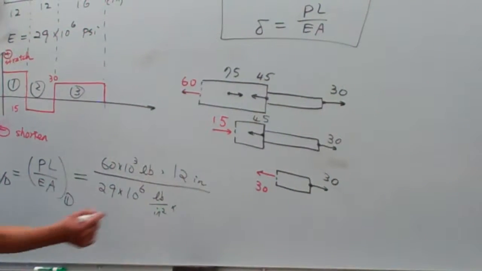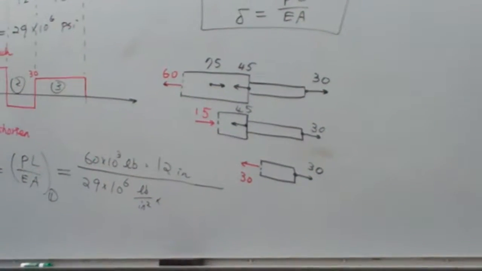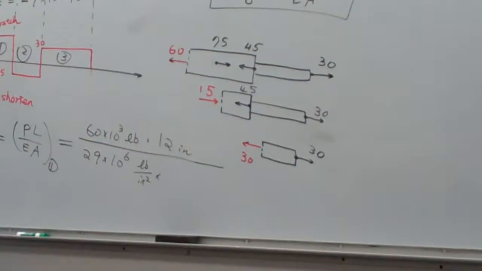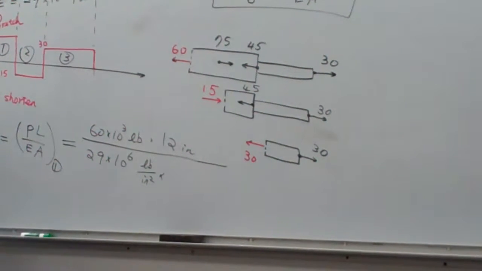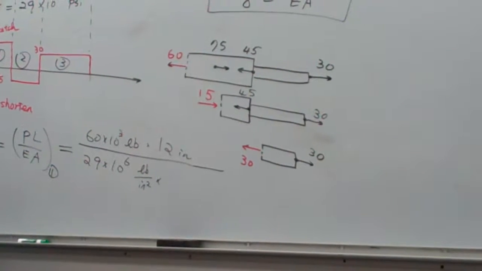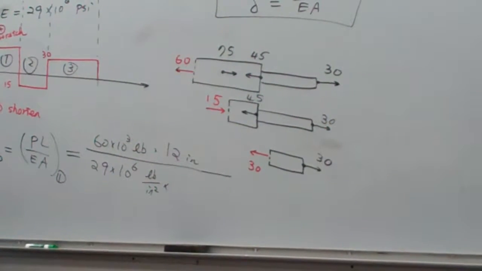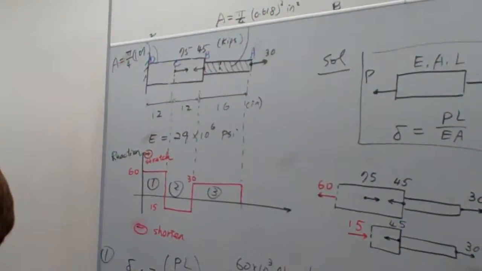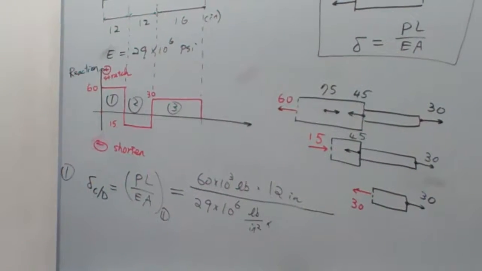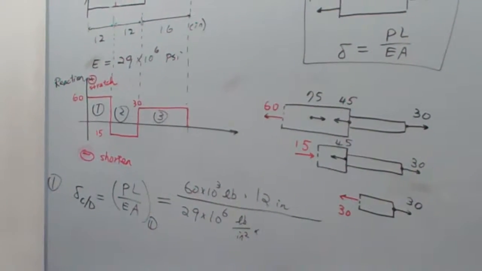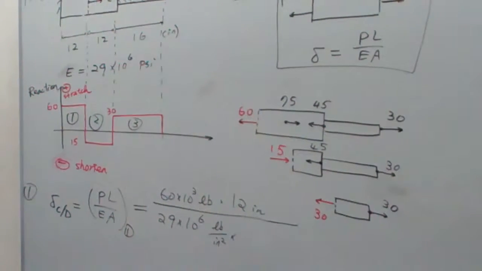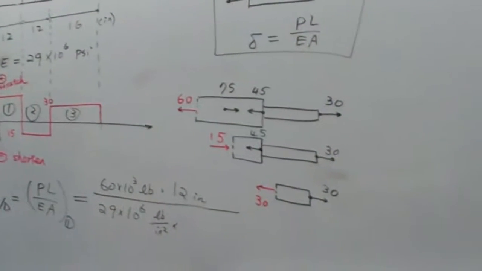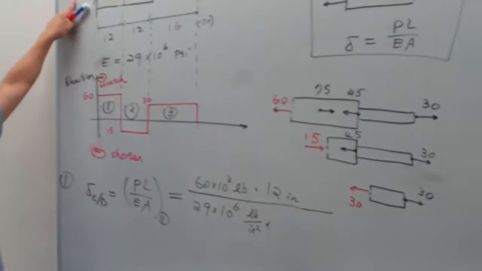Area is this one. Who has a calculator? Punch that for me. 1.07 squared times pi divided by 4.